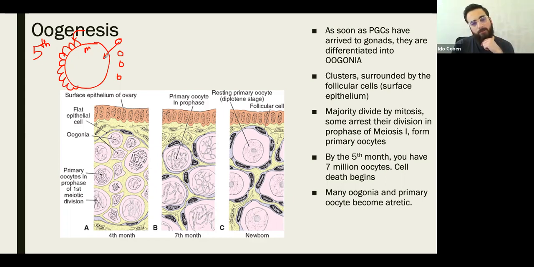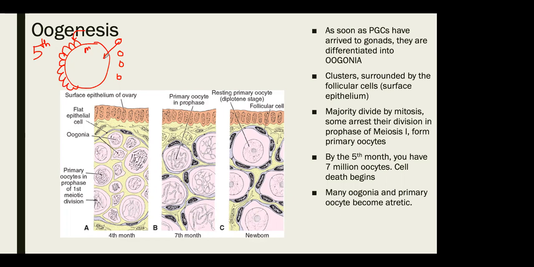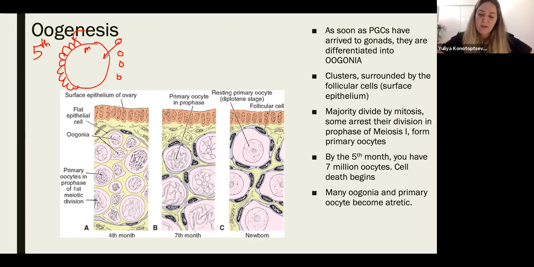As they divide mitotically, they align themselves into the sex cords, but because the female lacks the Y chromosome, there is no SRY. SRY isn't making TDF, there is no TDF. So you're going to see that the sex cords dissociate. They dissociate into clusters.